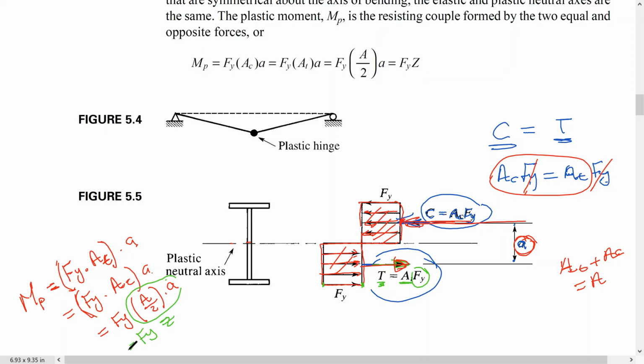Briefly here, guys, M plastic, or plastic moment, is equal to Fy, which is the yield stress, times Z, and Z here is the plastic section modulus.